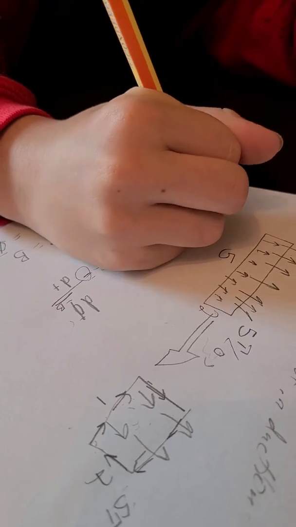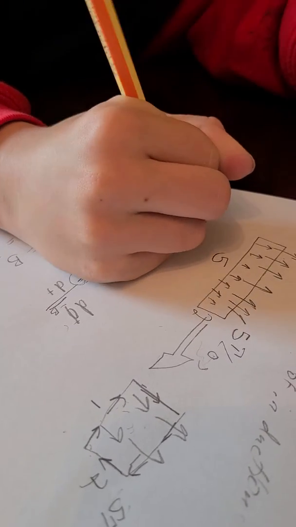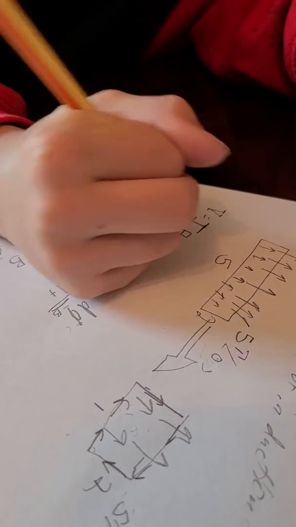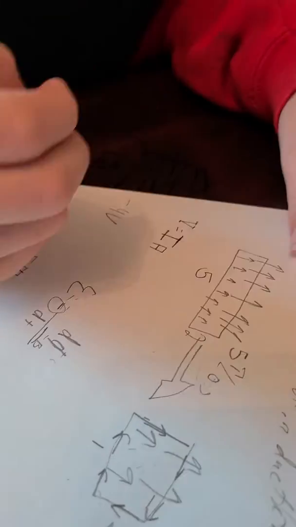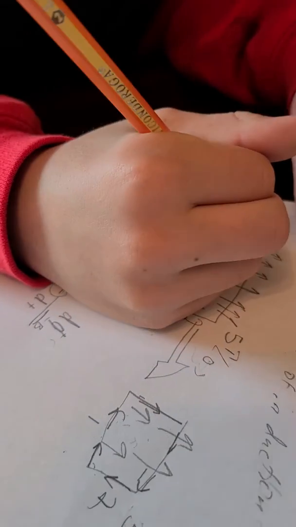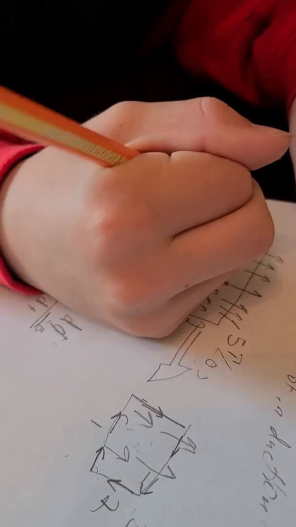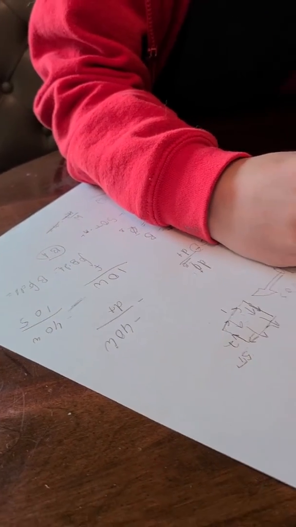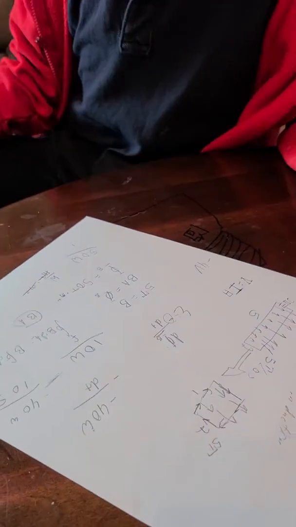Ohm's law, V equals IR. So we need to have a resistance, don't we? Because everything has a resistance, no matter what it is. 2 ohms. It has a resistance of 2 ohms.